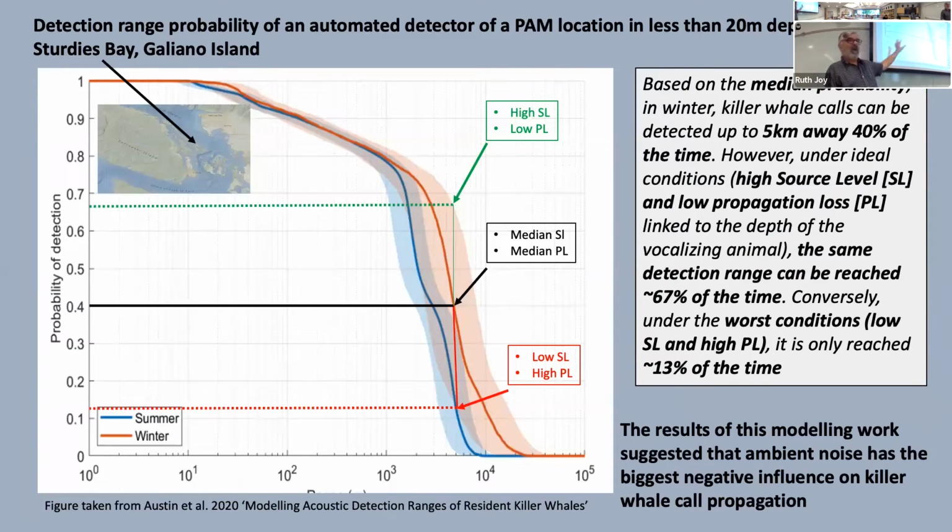This is the model output. I'm not going to go too much into it. What it tells you is there's a high variation in the probability of where you can detect calls at different times of the year.